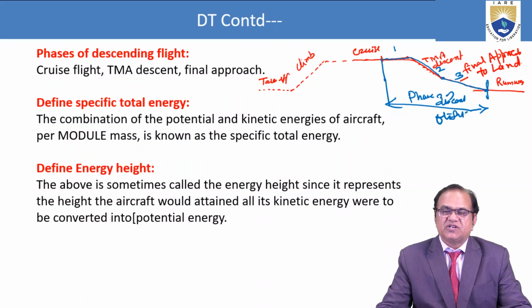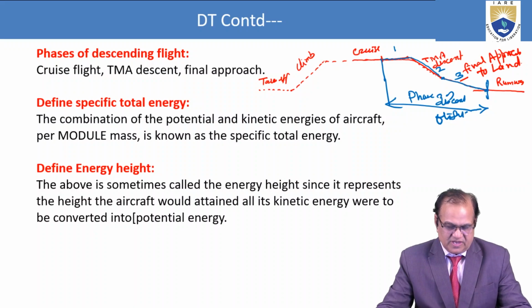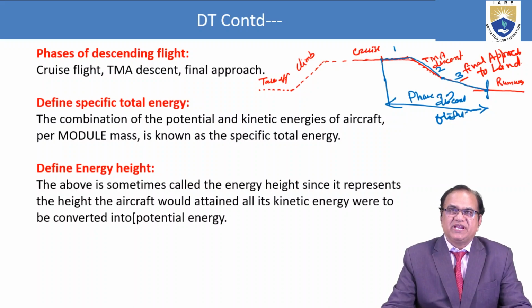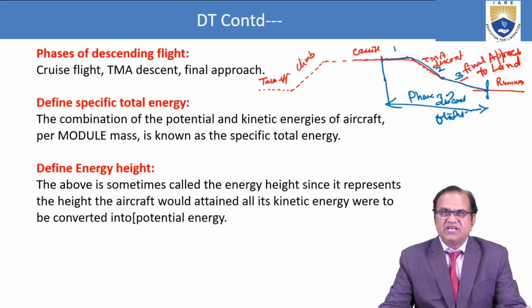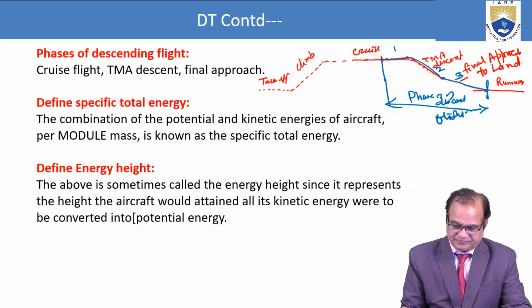Define specific total energy. The combination of the potential and kinetic energies of the aircraft per unit mass is known as the specific total energy. That is KE plus PE.